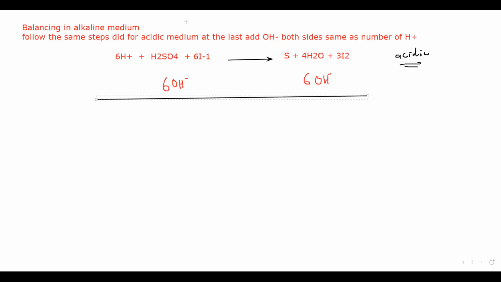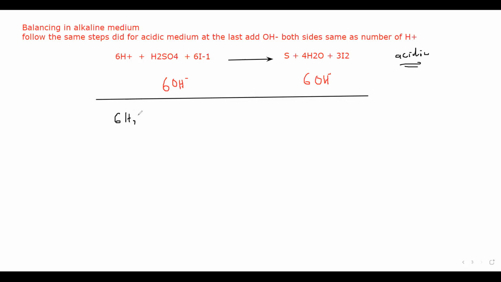So when I add 6 OH on both sides, what will form? H plus and OH minus form water. How many water molecules will form? 6 water molecules, because 6 hydrogen ions and 6 hydroxide ions result in the formation of 6 water molecules.